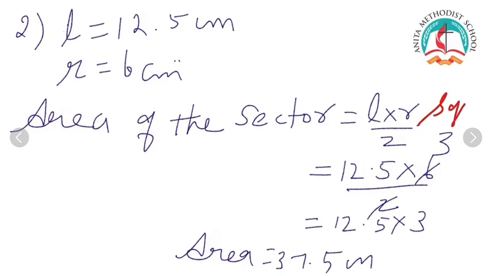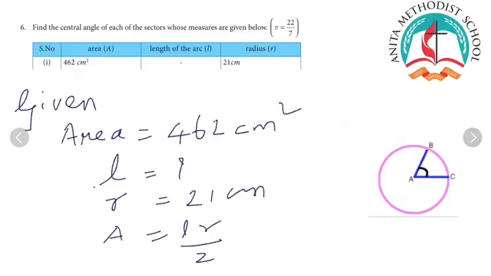So 12.5 into 6 by 2, by cancelling we get 12.5 into 3, multiply this and write centimeter square. So area we got is 37.5 centimeter square.